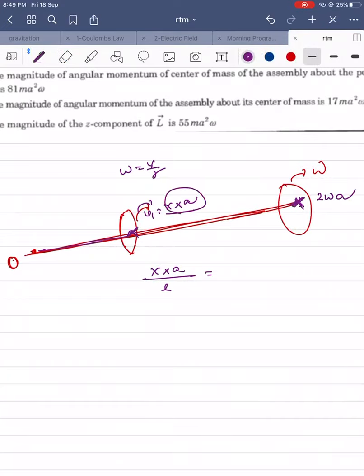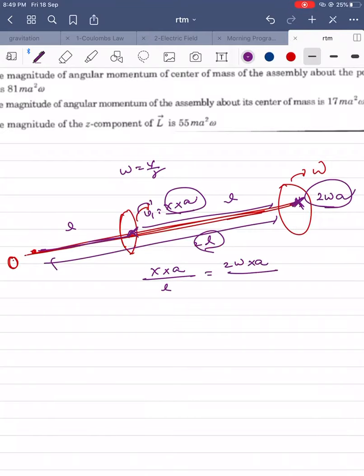So what is v? x into a, divided by the length. From here to here is L, so the total distance from here to here is 2L. So 2 omega a by 2L; the L and a get cancelled, so x is also equal to omega.